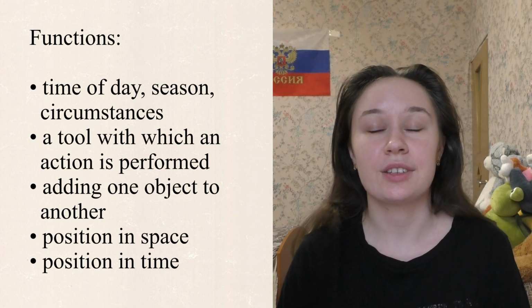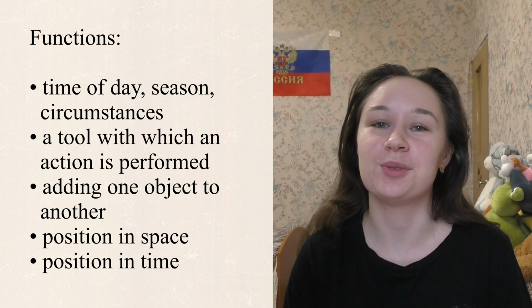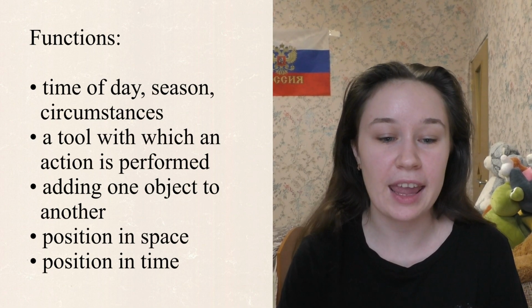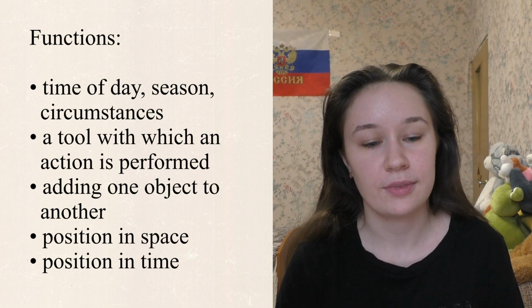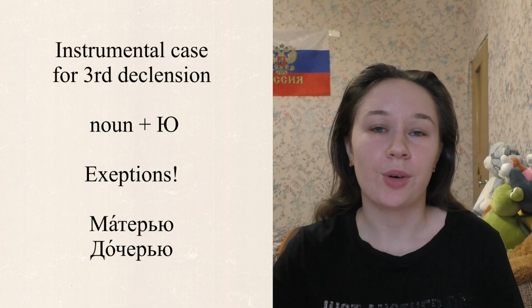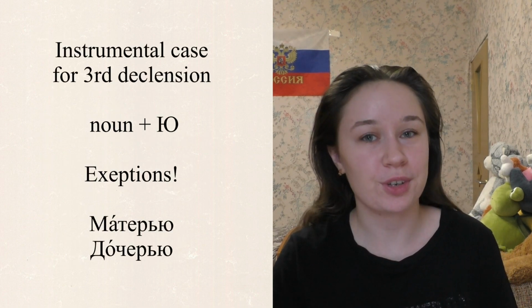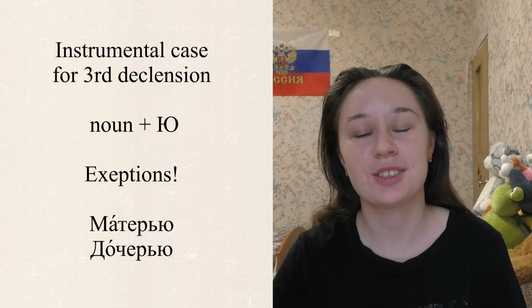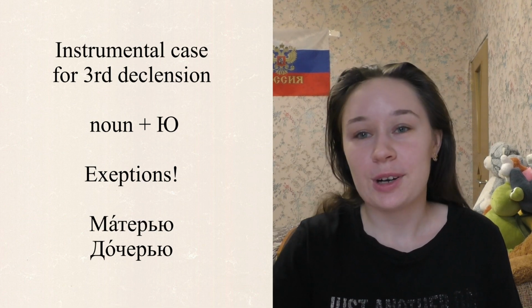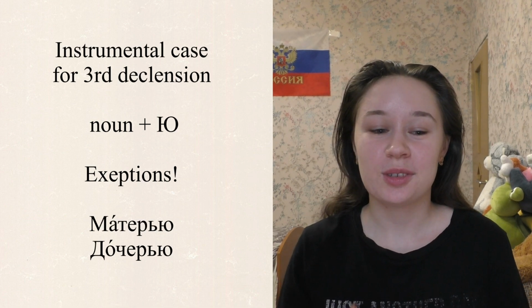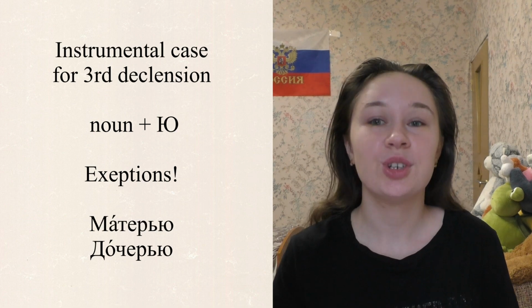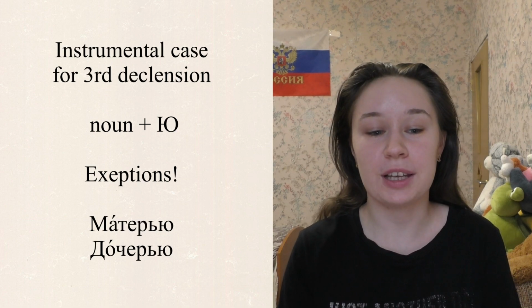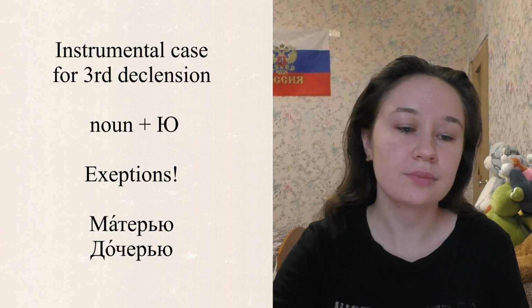Very interesting that in Russian the same word is used for before and in front of. That means перед. So how to put a word of the third declension into the instrumental case? Very simple, we just add the ending ю, and the place of accent is saved.